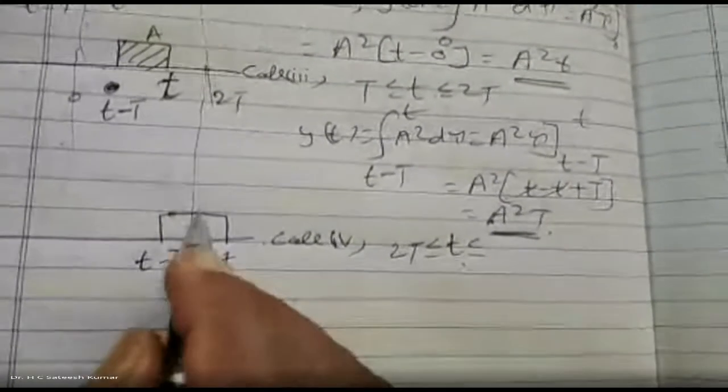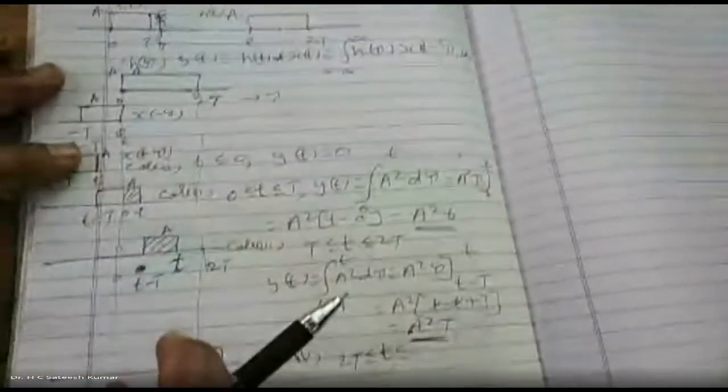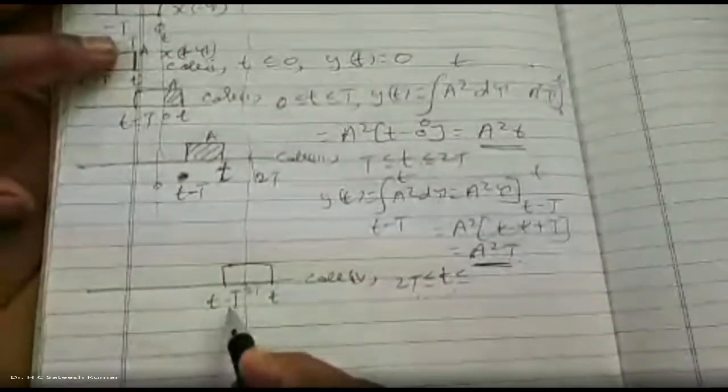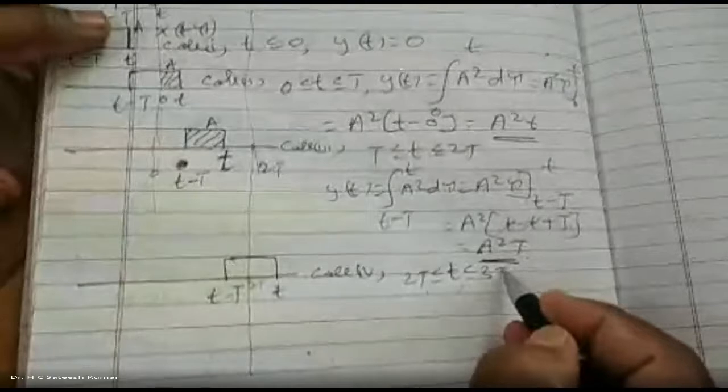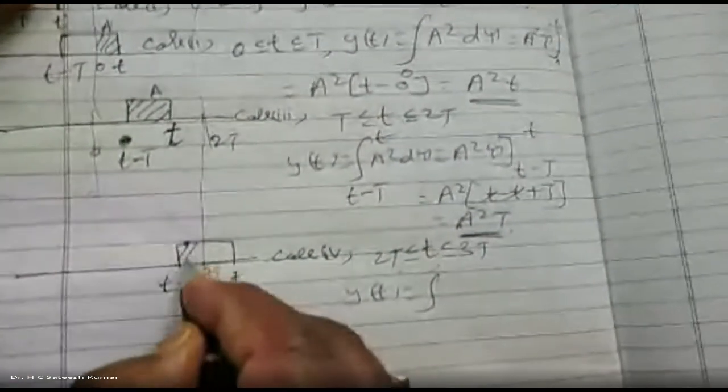Once you start coming out of the range of the first one, ending at 2T, to completely come out we need to move by T units. Therefore 2T plus one more T means 3T. y of t is equal to integration from where to where?